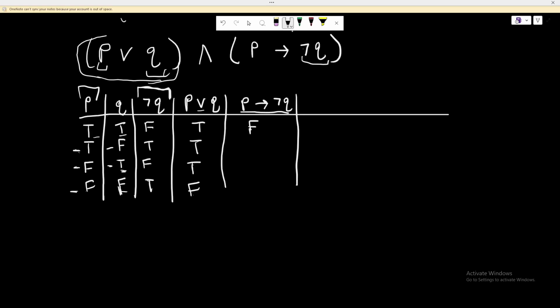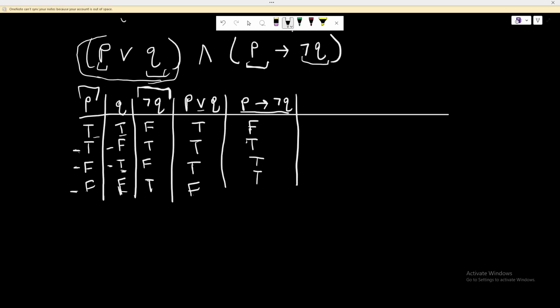So the second row of P is true and the second row of not Q is true, so that would be true. And then false in the third row. But if P is false, then it will result true anyway, because for it to be false, the first part has to be true, and the second has to be false.